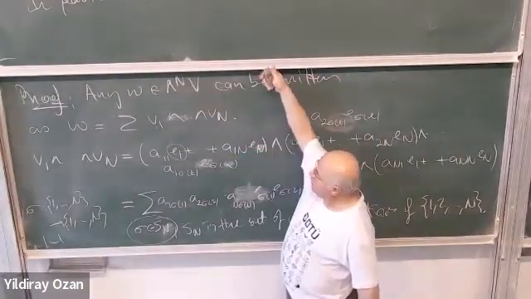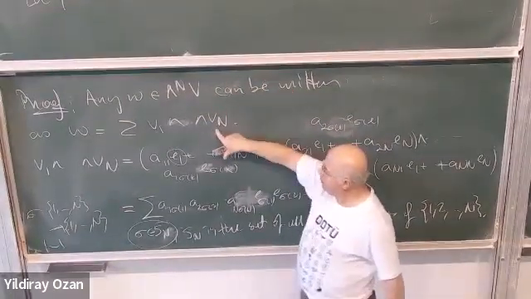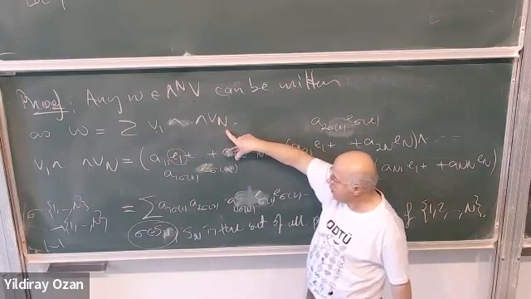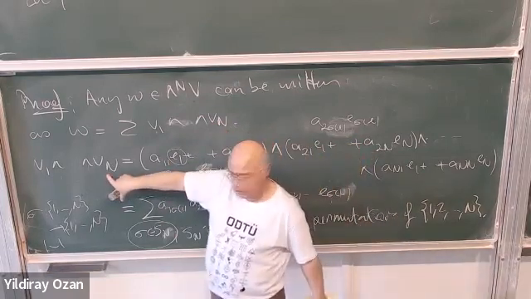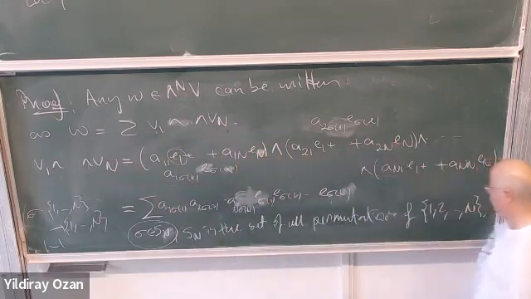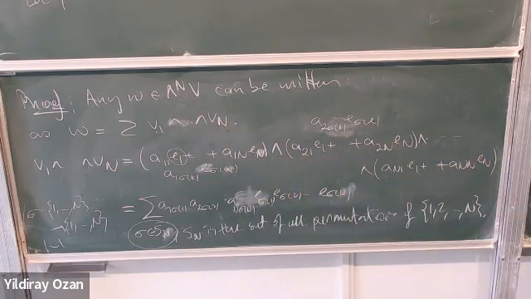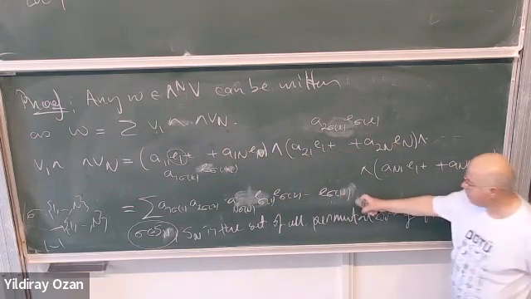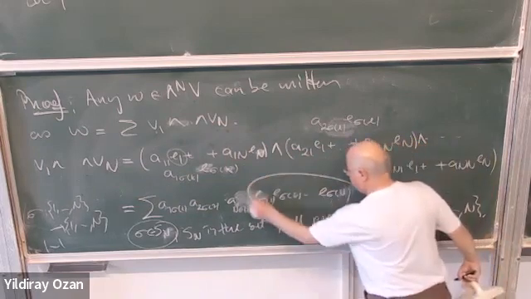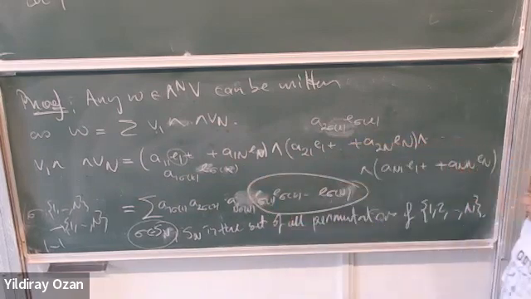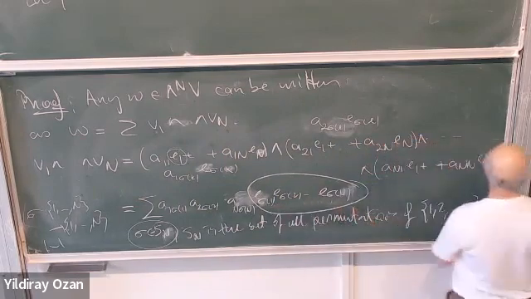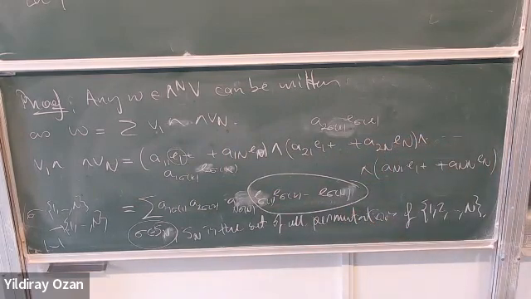Any n-form is a sum of wedge products like this, but each wedge product of n vectors is just something like this. And you see here this gadget. So this doesn't have to be E1, E2, E3, and so on, right? It's something like this.